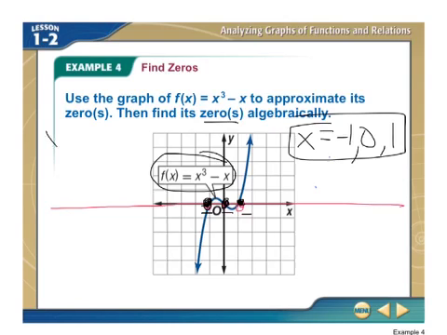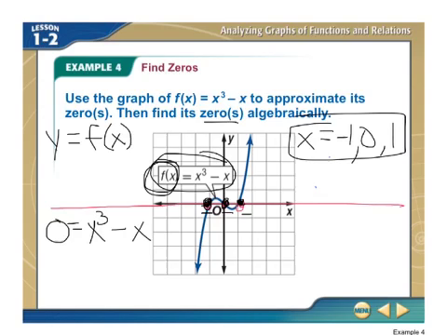And I think we talked about in class the other day that y and f of x are the same thing. So when I want to find the x-intercepts, I'm going to plug in 0 for f of x and then solve for x. So I'm going to get 0 equals x cubed minus x.